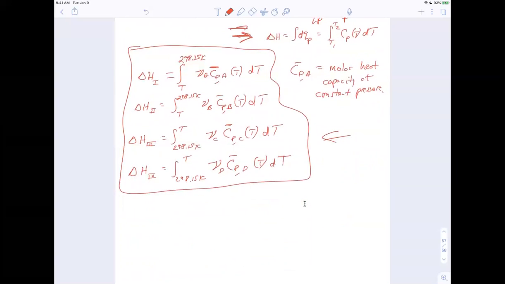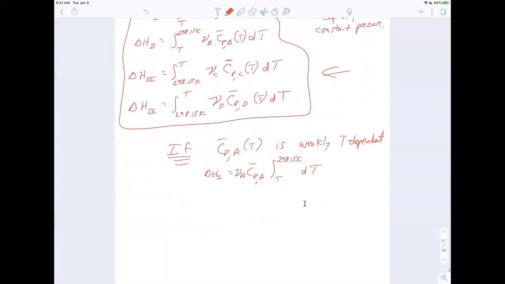And so as an example, if Cp A molar of T is weakly temperature dependent, then delta H1 is equal to Cp of A molar times nu sub A, because nu sub A is just a constant, times the integral from T to 298.15 Kelvin of dt.